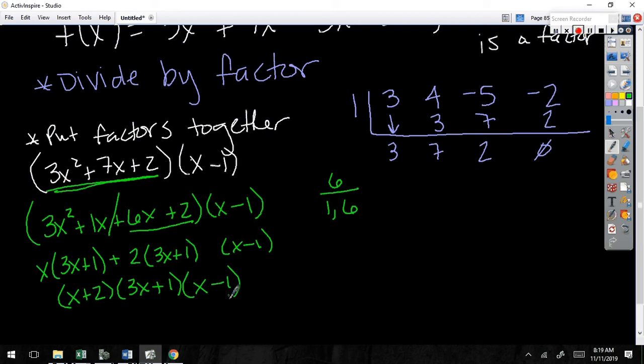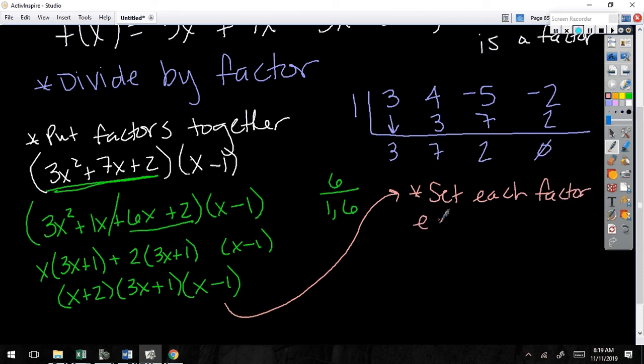Can we all agree that that is now factored completely? Yes. So how do I find the zeros once it's factored completely? Set it equal to 0. Set each one of them equal to 0 and solve.